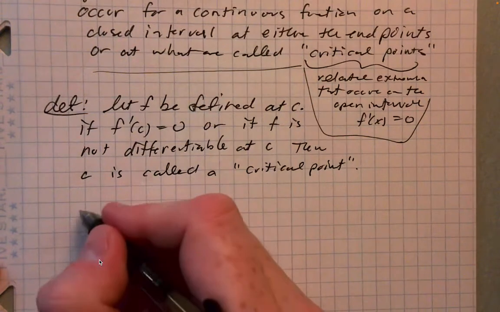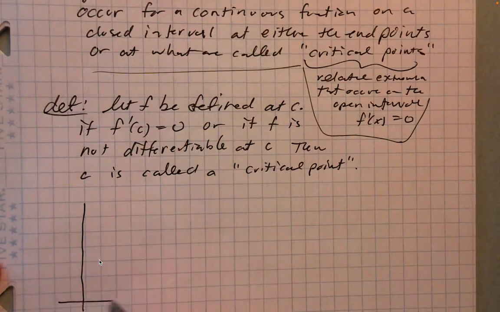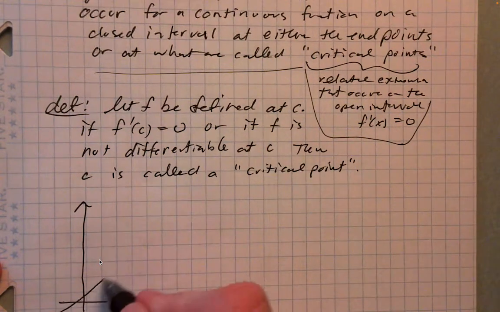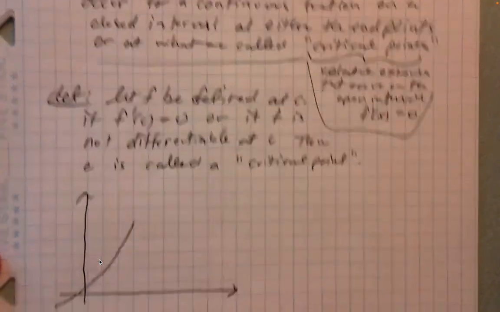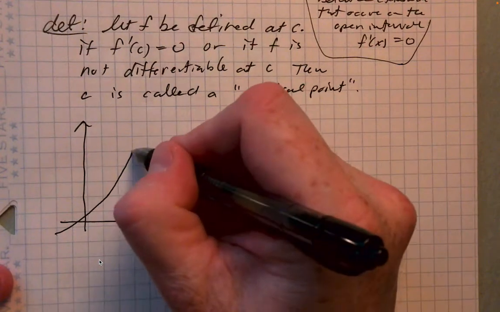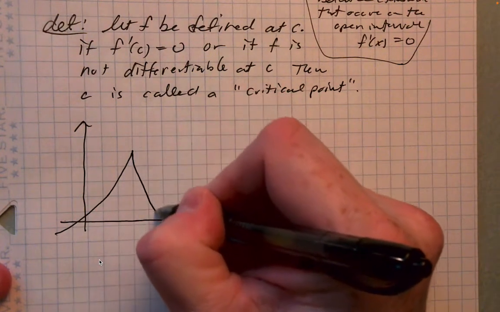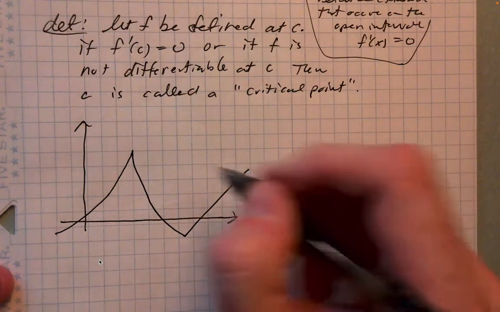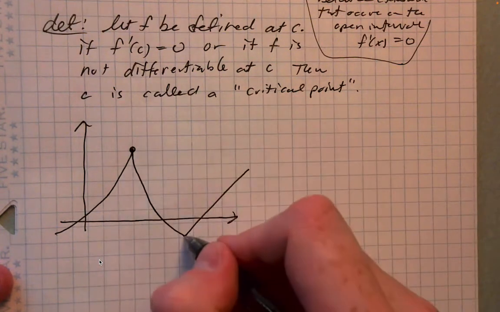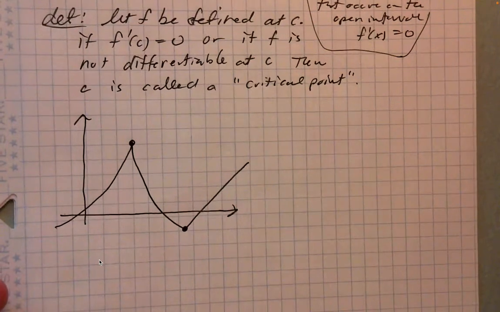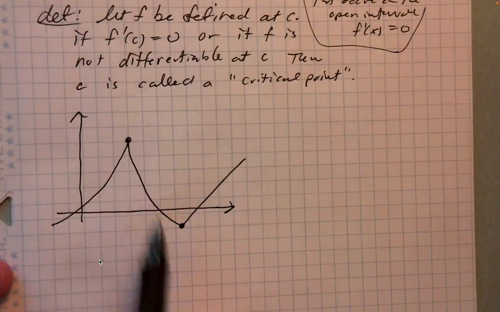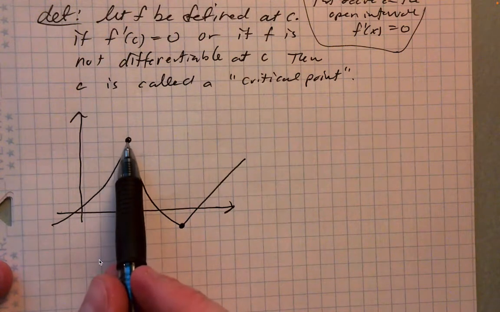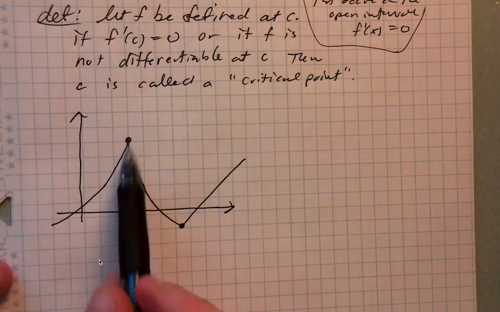So let's draw a picture and see why we need to extend the definition ever so slightly. Let's say I have a function that comes up like this, and then it turns back down like this, and then it goes like this. I've intentionally drawn these by design. This isn't just a non-smooth curve. This is actually a function that has a non-differentiable point here.